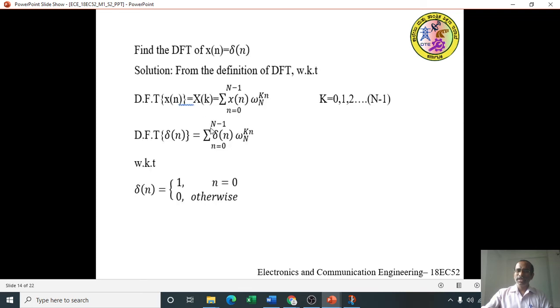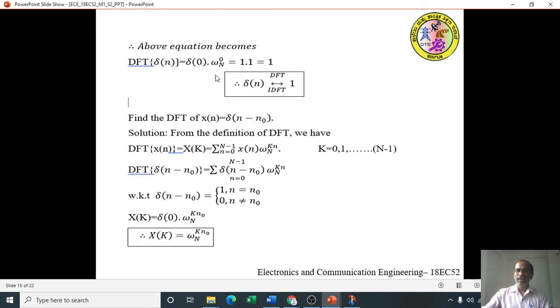So we will remove the summation, and wherever n is there, we will replace it by 0. The formula becomes delta 0 into omega N power 0. You know that delta 0 is 1, omega N power 0 is 1, and the answer is 1. Very important problem. Delta of n has a DFT of 1, or 1 has an IDFT of delta n.